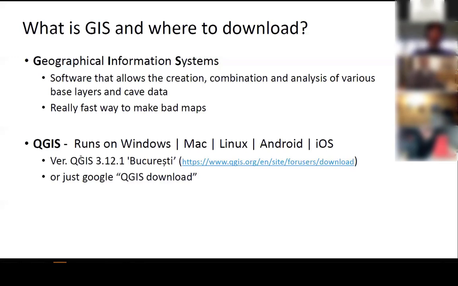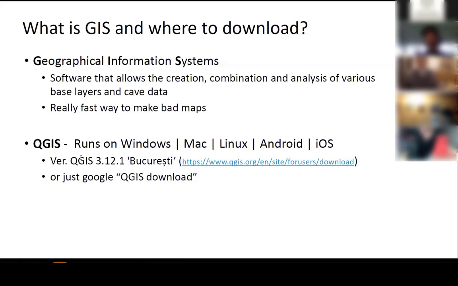But one of the nice things about QGIS that ArcGIS cannot do is run on multiple platforms. So if you're a Mac person, you can load QGIS natively on Mac, on Linux, and Windows, of course. But they also have apps that run on Android and iOS. They're not as full featured as the desktop, but certainly if you want to collect cave data on your Android phone or your iPhone or your tablet, you can do that with QGIS as well.